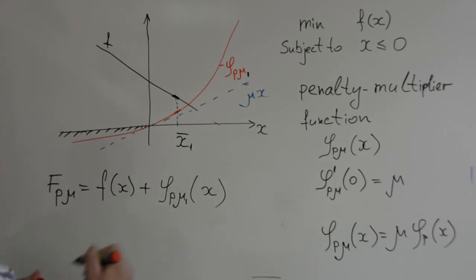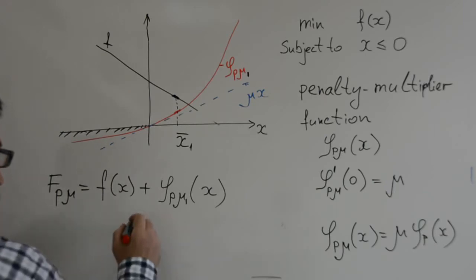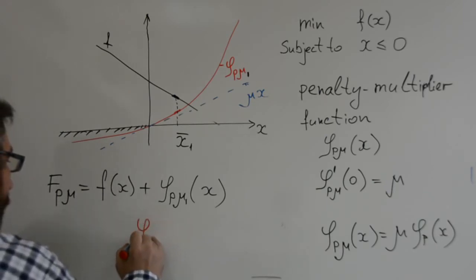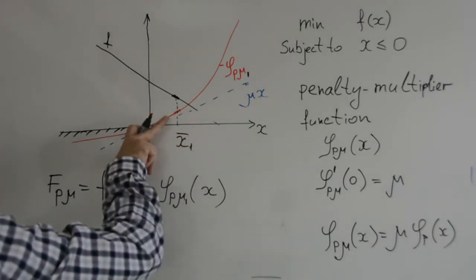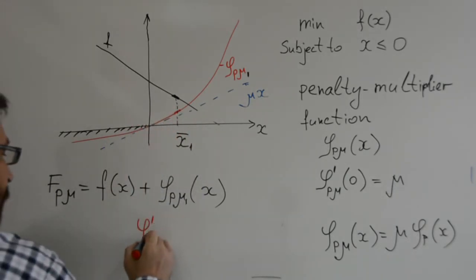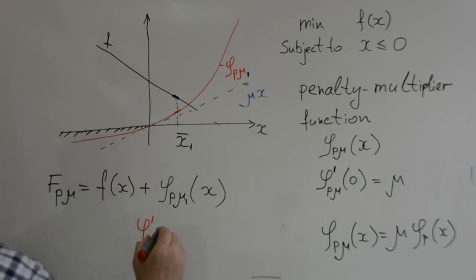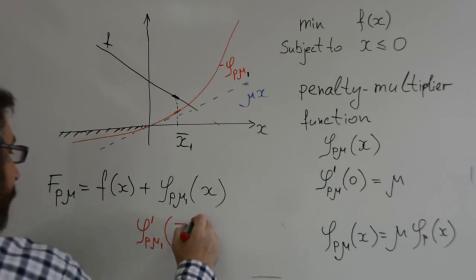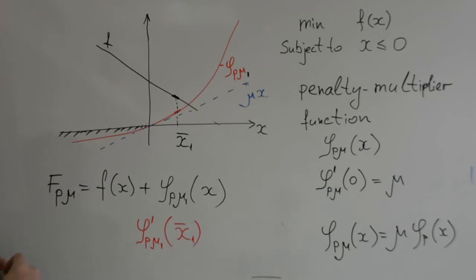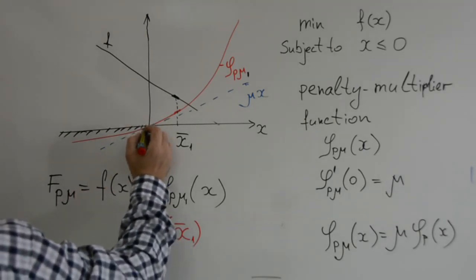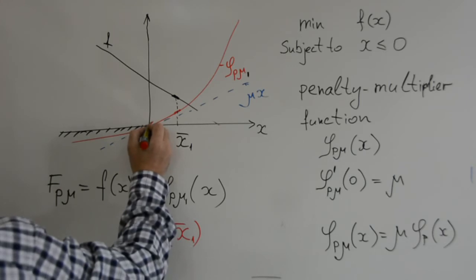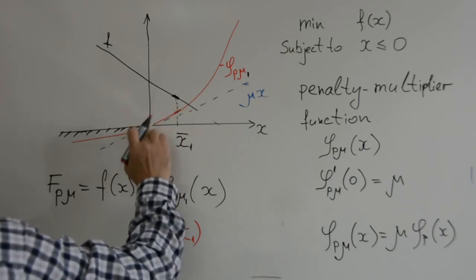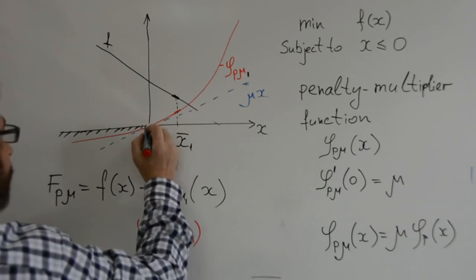Now we do a very simple thing. We take this derivative, we take phi prime, this slope at our solution, phi p mu1 prime at the point x1, and we build the next penalty function in the way that its slope at the origin reproduces this slope which we already had.